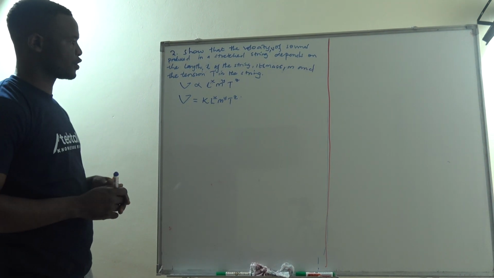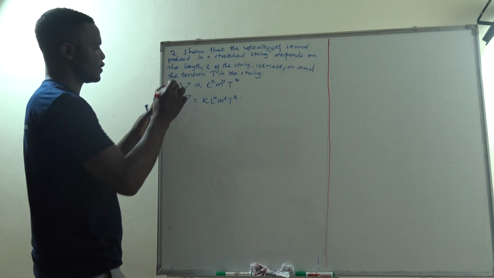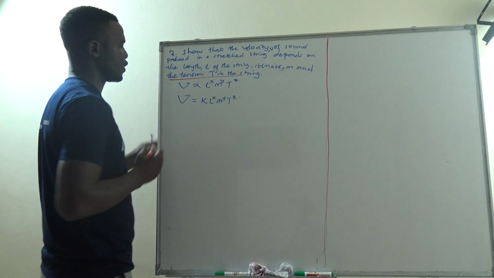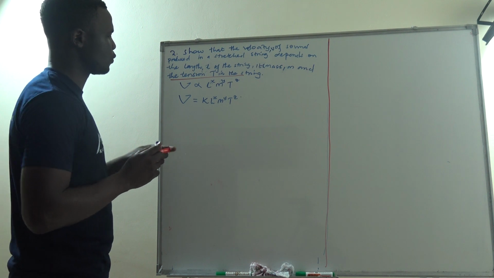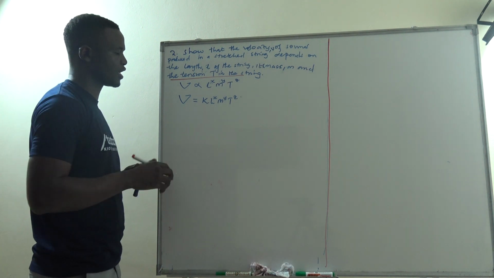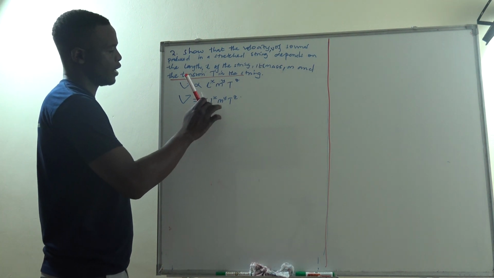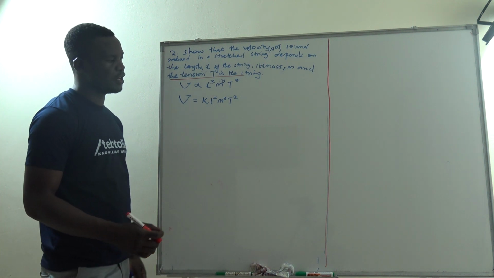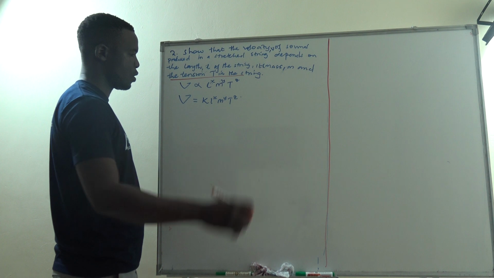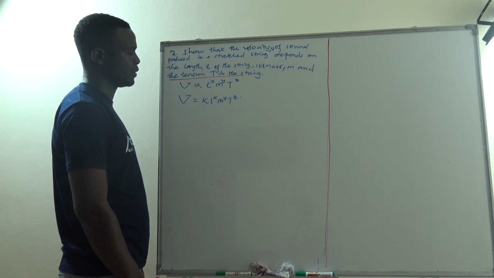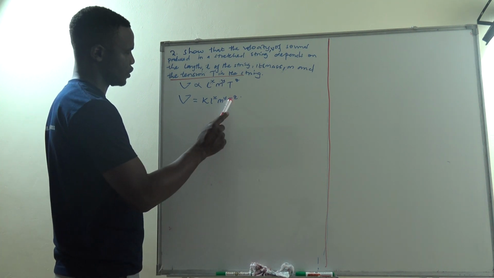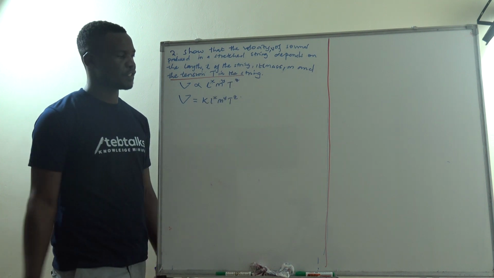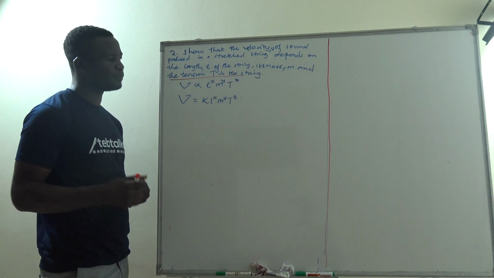Now, we are going to use dimensional analysis to bring out an expression that relates the length L of a string, the mass of the string, and the tension in the string. This time our T is standing for tension.